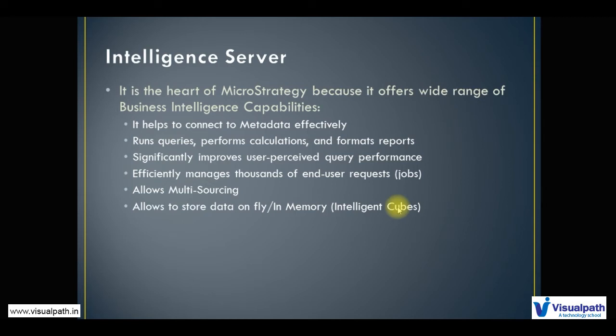It will simply fire that query against this Intelligent Cube and get the data, right? Which would be much faster than getting the data from the warehouse, okay? This is a very unique functionality provided by MicroStrategy, and this is possible altogether because of Intelligence Server.